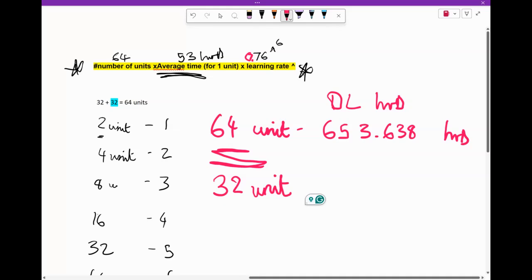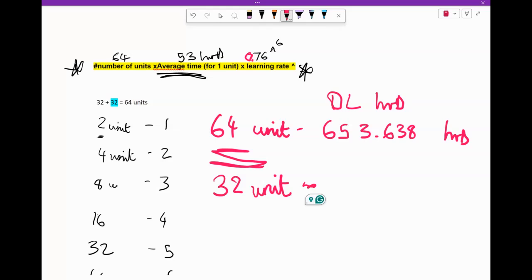And the reason why is, remember, we know that as we double our production, we get more and more efficient. So we know that we could have just calculated the first 32, but we can't say the second 32 is going to be made in the same time as the first 32.